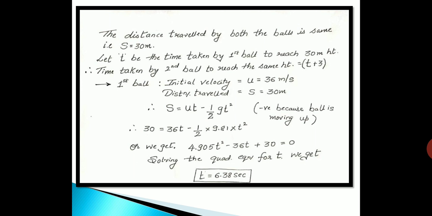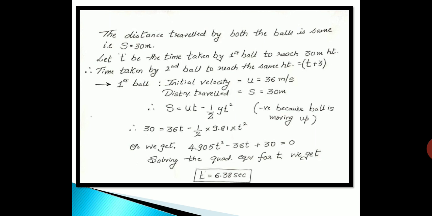Now the distance travelled by both the balls is the same because we are analyzing up to a height of 30 meters only. So S or H, whatever you want to take, is equal to 30 meters for both the balls. Now let t be the time taken by the first ball to reach a height of 30 meters.